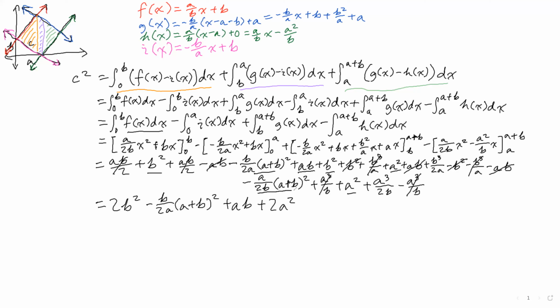Minus this stuff, so a over 2b times a plus b squared, and then plus a cubed over 2b. And I forgot the b cubed over 2a, which is right there.